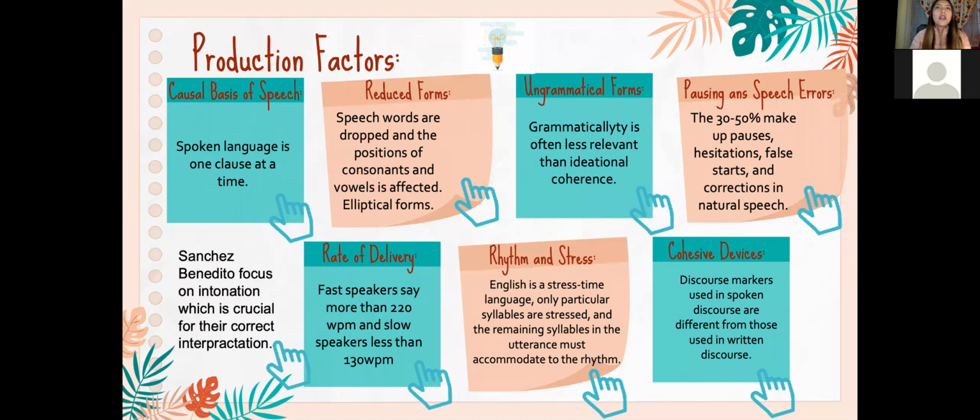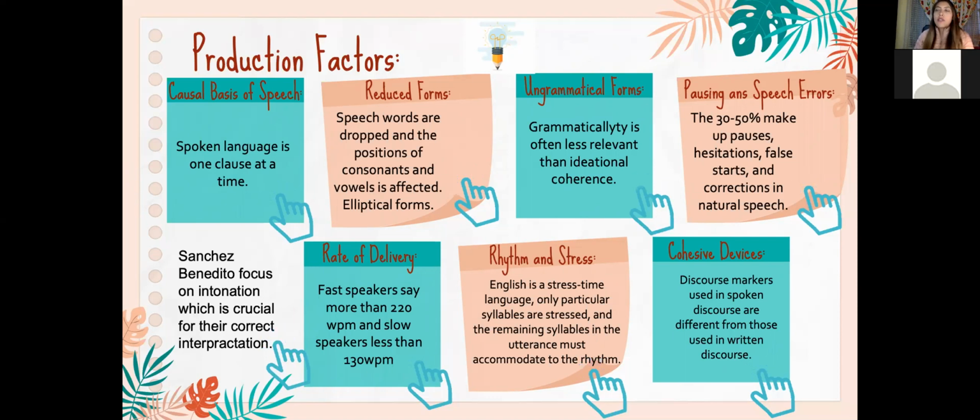The first one is focused on how the language is spoken. It says that spoken language comes one clause at a time, and the reduced forms are focused on the position of the consonants and vowels, which could be affected depending on the way it is spoken.